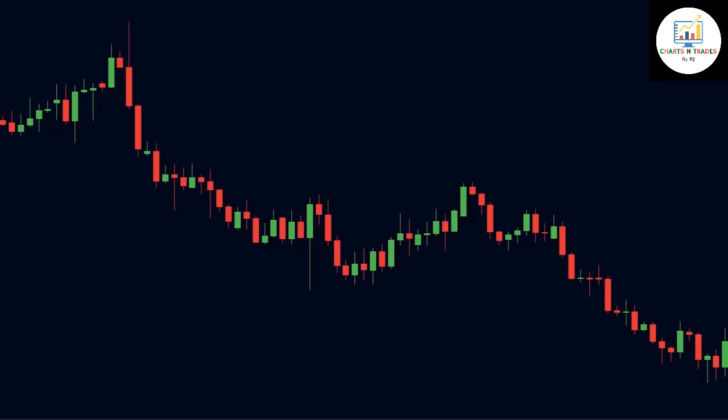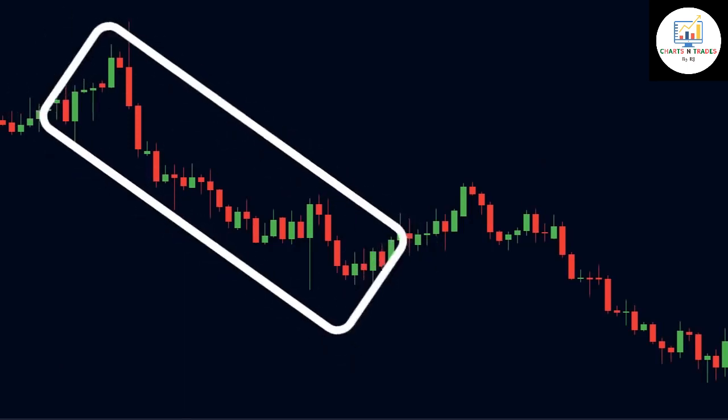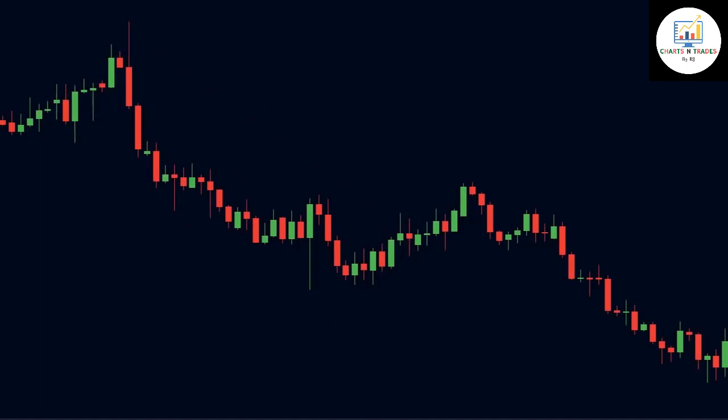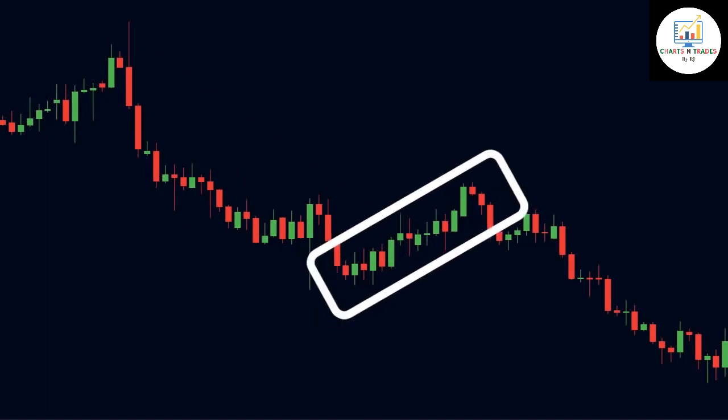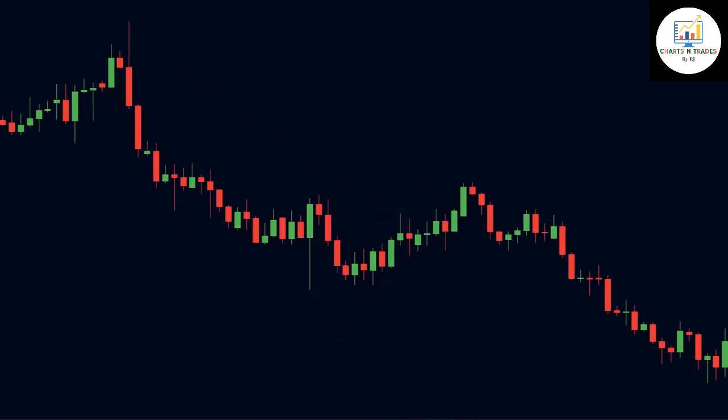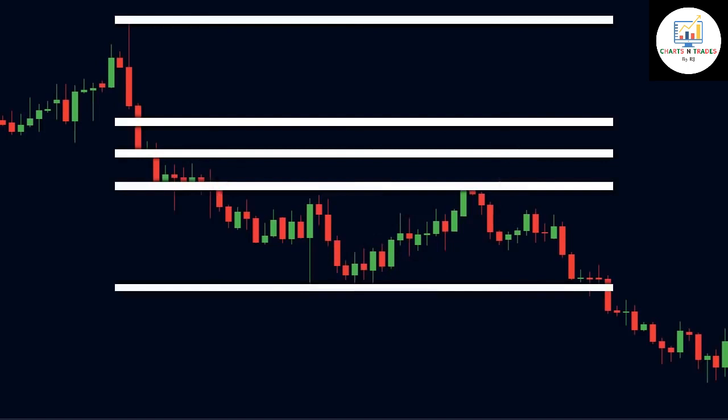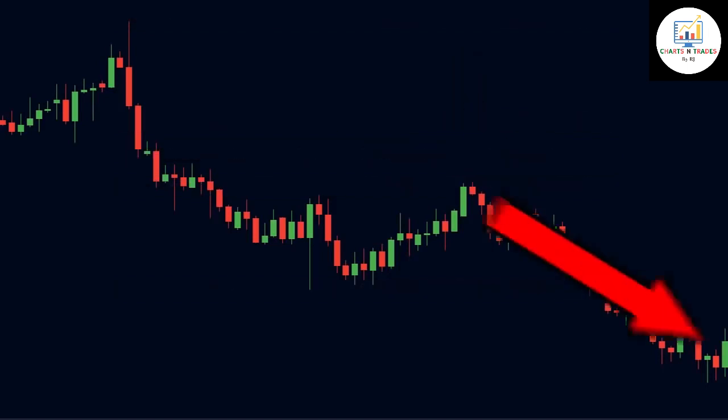On the other hand, in a downtrend, we see the price makes a massive down move. Then we see a pullback, which is this up move. The Fibonacci retracement tool will help us in identifying potential areas of resistance where the pullback might come to an end, and the price might start another down move.